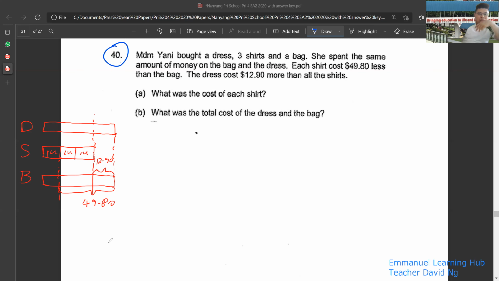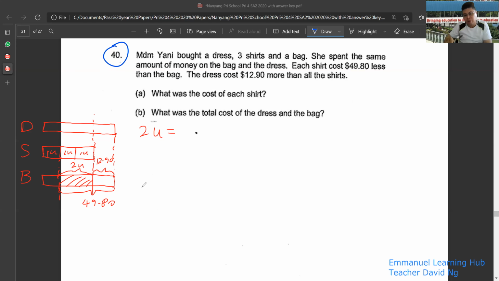Okay. So this part, you can find this part, right? Which is your 2 units, right? So 2 units is equal to what?